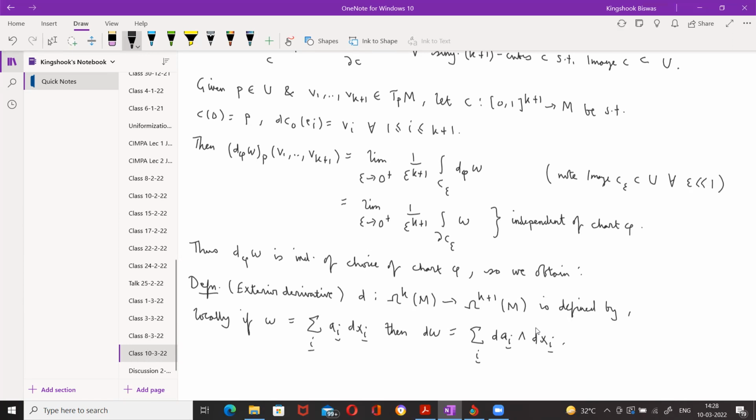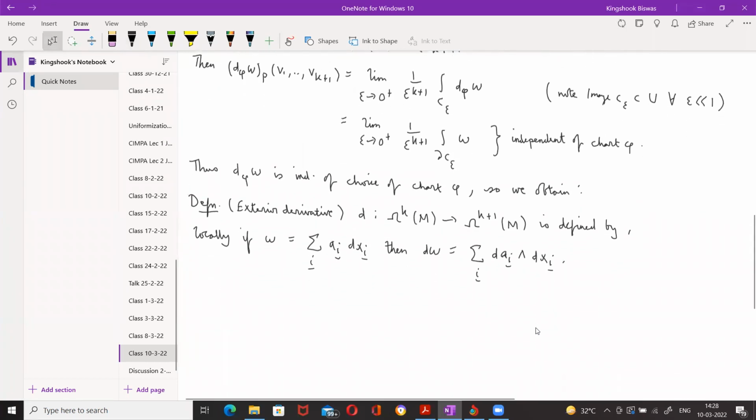Now notice, this is a well defined differential operator from K forms to K plus 1 forms.